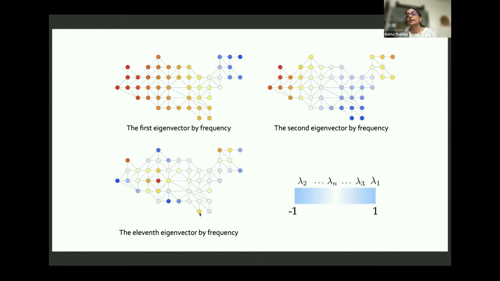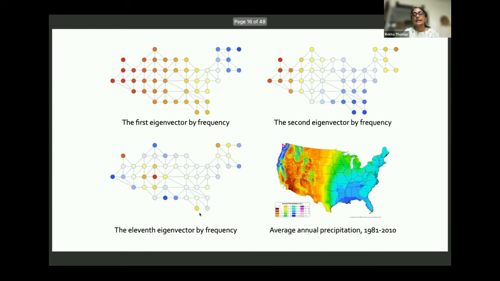And this is exactly what frequency order will do for you. It is ordering the eigenvectors according to their smoothness, or it's a little bit more complex than that, but roughly speaking, by smoothness. This is of big practical relevance, because if you think of some sort of continuous function that varies across your graph, like say precipitation, then it's more or less going to be made up of these low frequency eigenvectors.